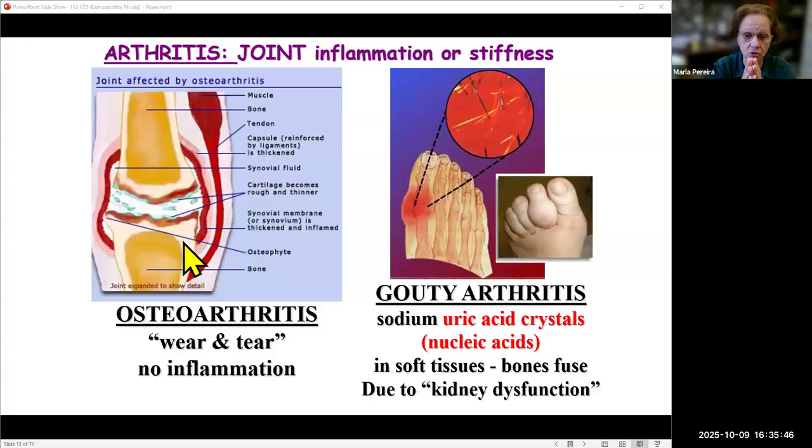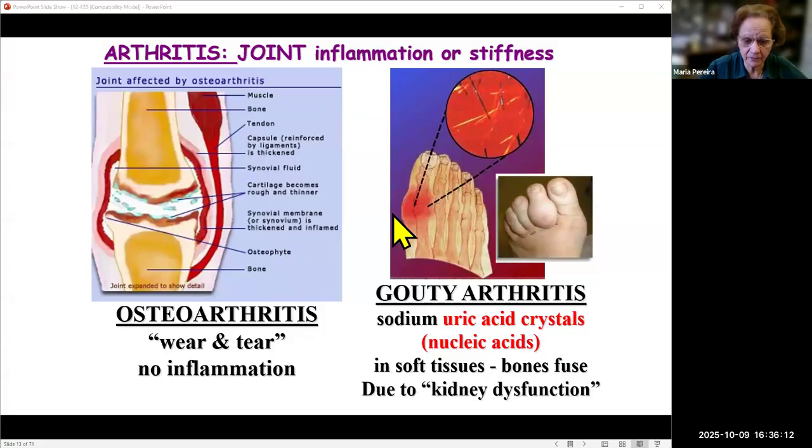It's very healthy, but it also has an effect on the articulations. So this type of arthritis that does not involve inflammation is known as osteoarthritis, and it's only caused by wear and tear. So overexercise can, of course, damage the cartilage.